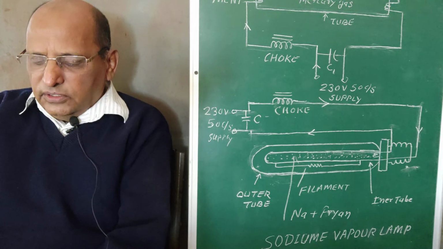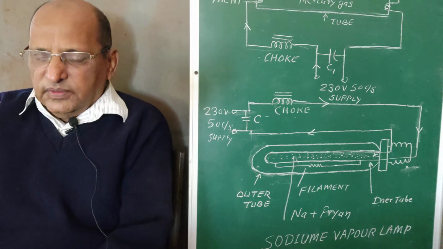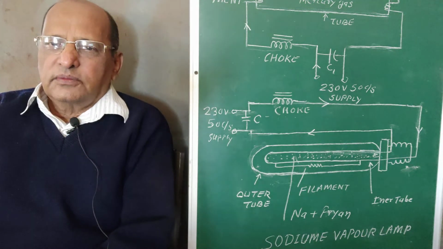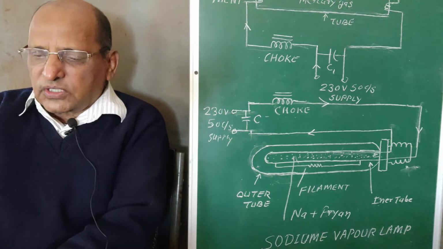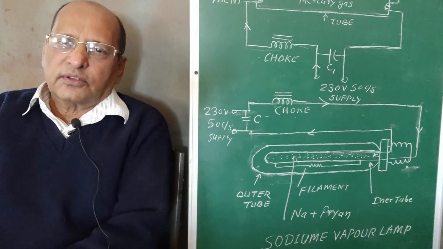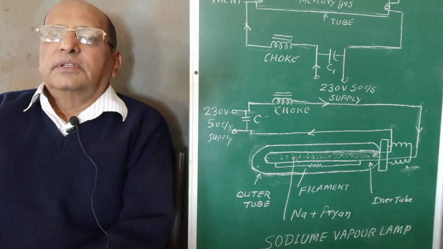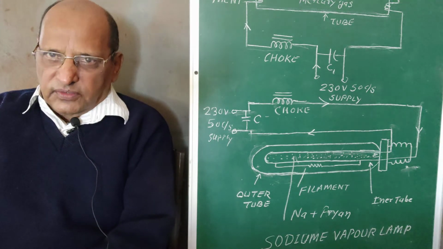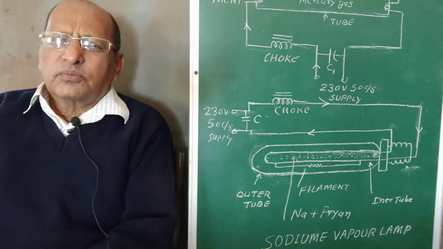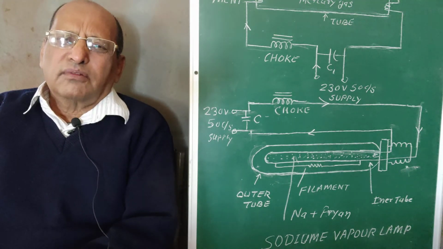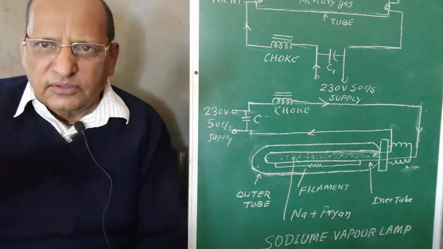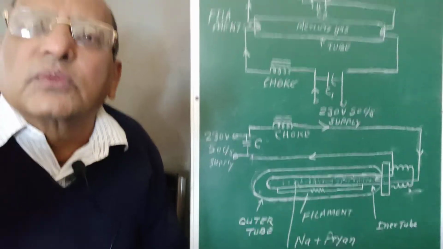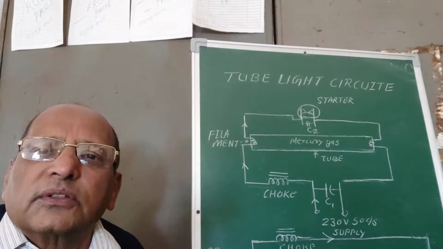There are also twin tube light connections, which are similar to the single tube. Two tubes are used in place of one tube, and naturally two starters and two chokes are used for that. The twin tube connection is not in your course, so I have not given its circuit, but the single tube connection is in your course, so I have given it, which is very simple to see.